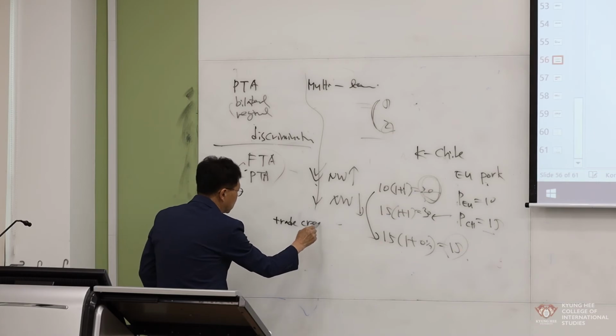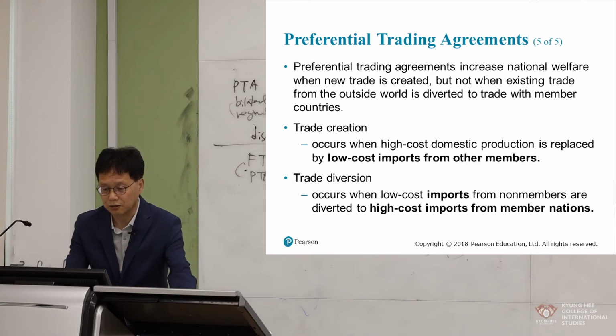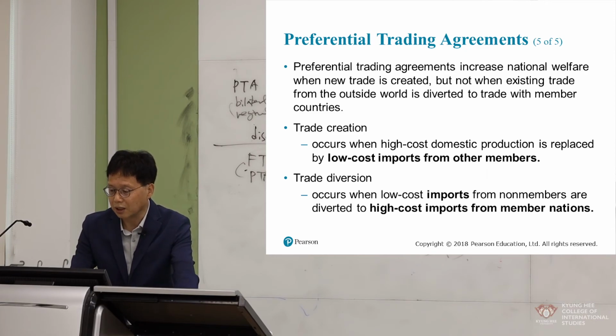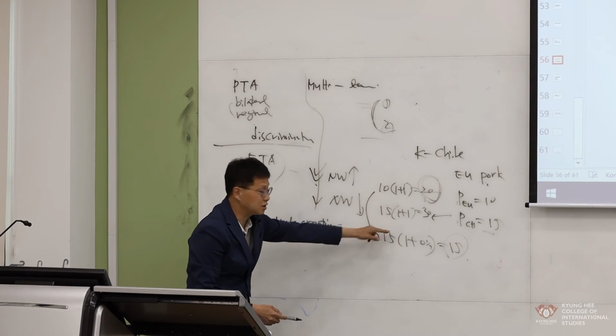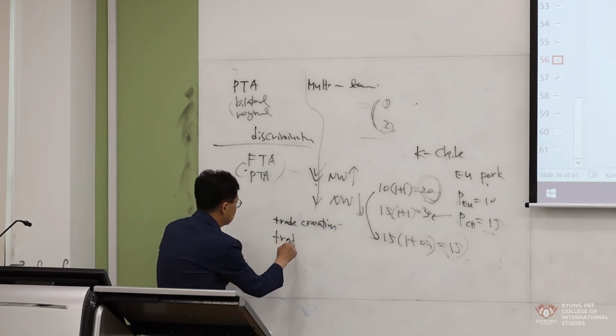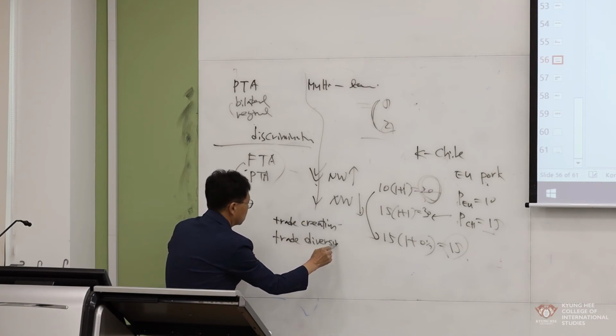We said trade creation, right? New trade is created, but not when existing trade from outside the world is diverted to trade with member countries. We already studied this one. We said this is a trade diversion, right?